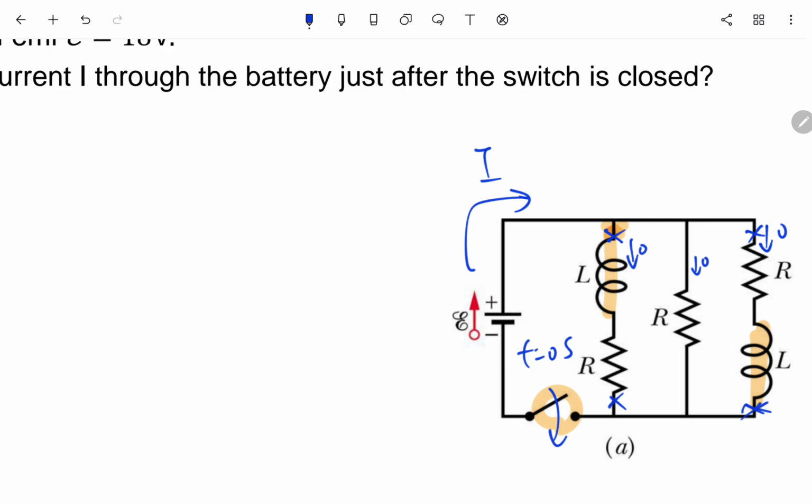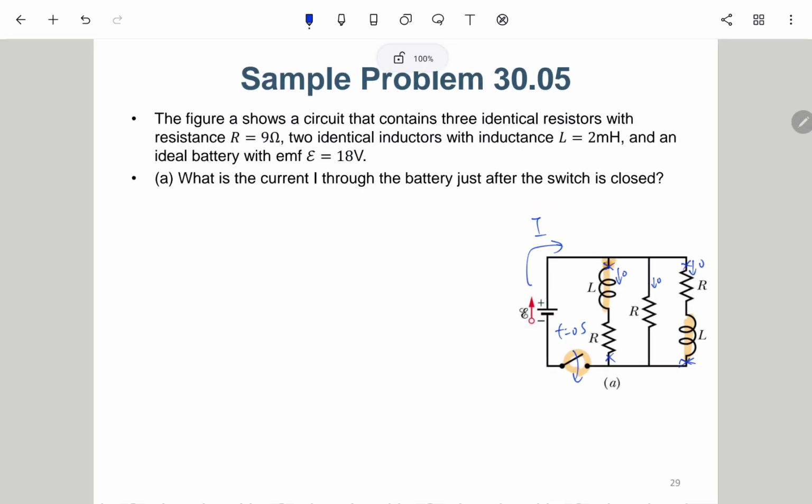This is because the current of the inductor should be continuous. Which means when the switch is closed, there is only current going through the middle path. So in this case, I should be E over R. We just ignore this part, so the circuit simplifies to this.